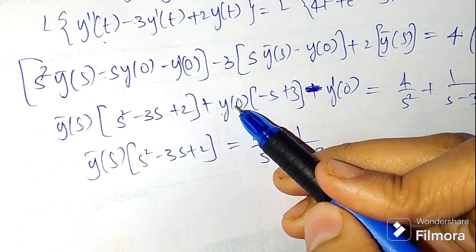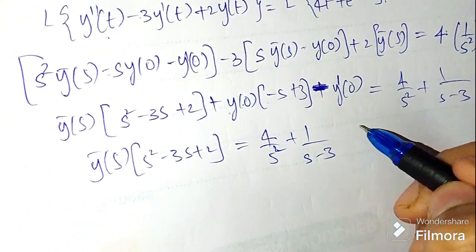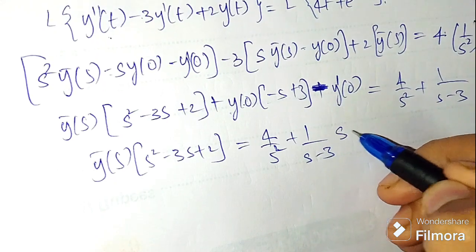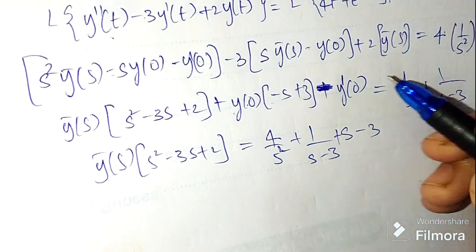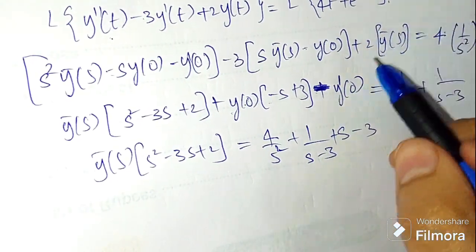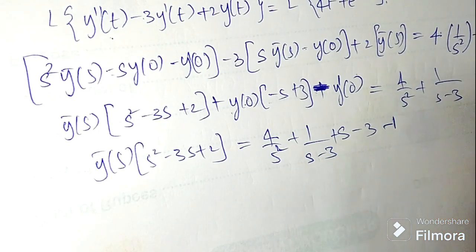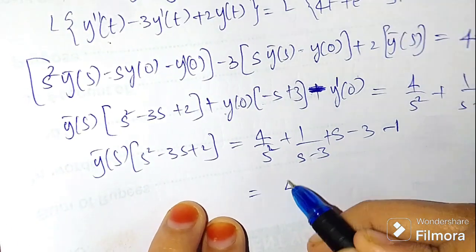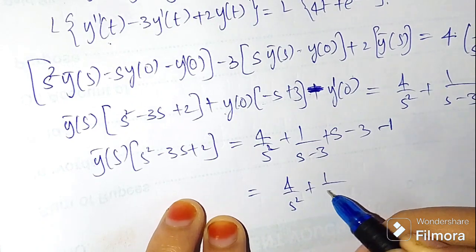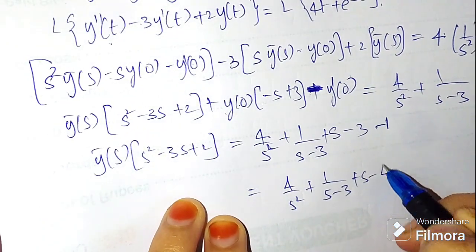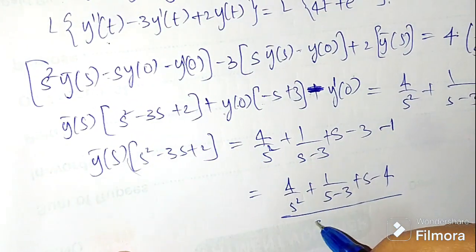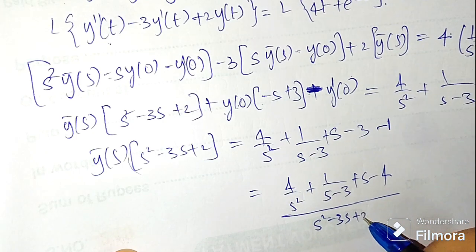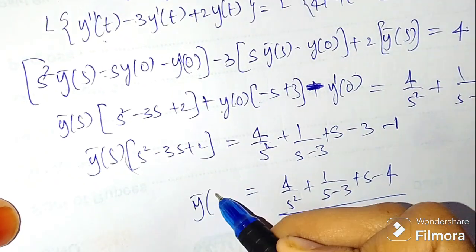What is this? 3 minus s; here it will become s minus 3. Here minus into minus, plus 1; this side it will become minus 1. So finally I'll get this side 4 by s square plus 1 by s minus 3 plus s minus 4, divided by s square minus 3s plus 2. So this is my y bar of s.